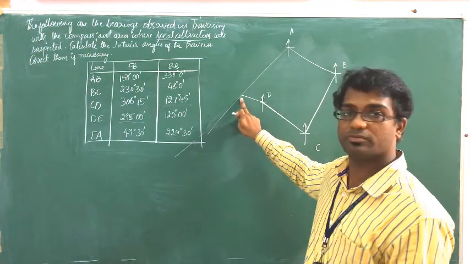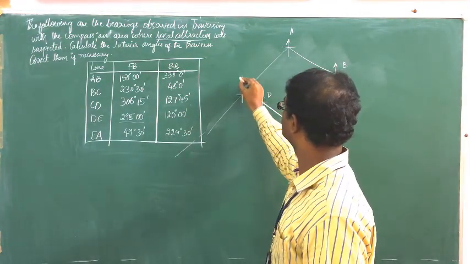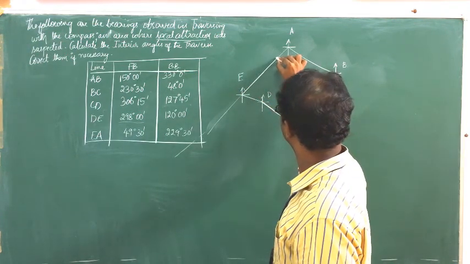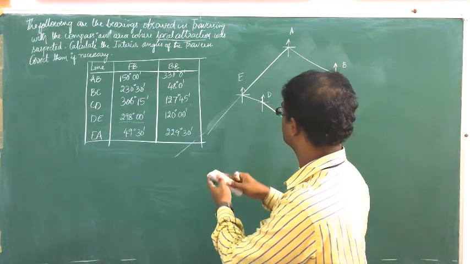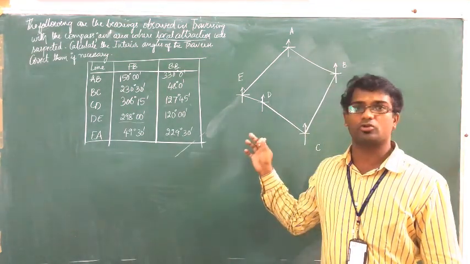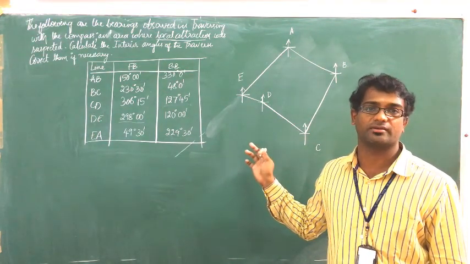Now these 2 meet at a point. Now, this is your station E. Now, this can be erased. If you did not understand the plot of this diagram, please watch the video again.